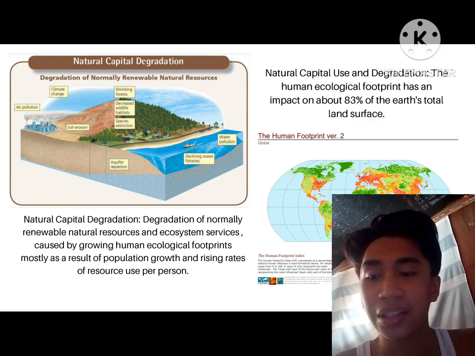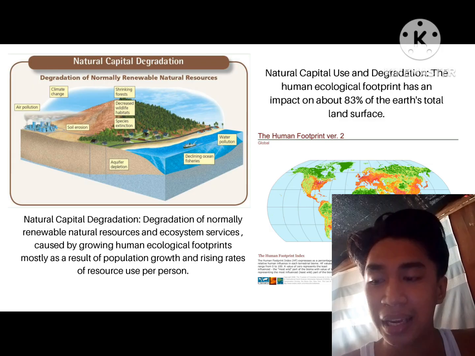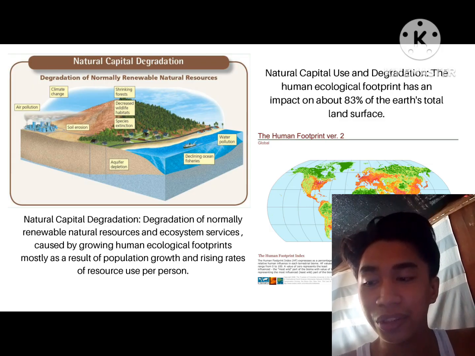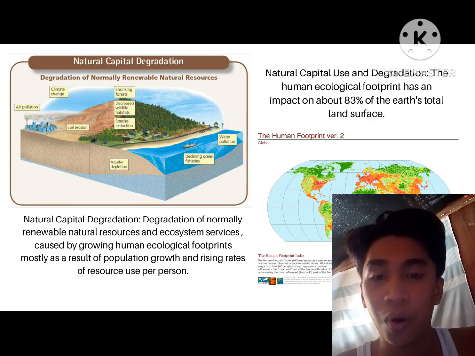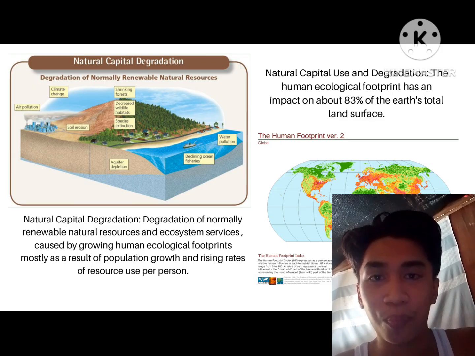Natural capital degradation is a degradation of normally renewable natural resources and ecosystem services caused by growing human ecological footprints, mostly as a result of population growth and rising rates of resource use per person.